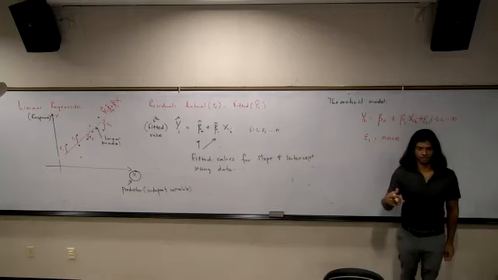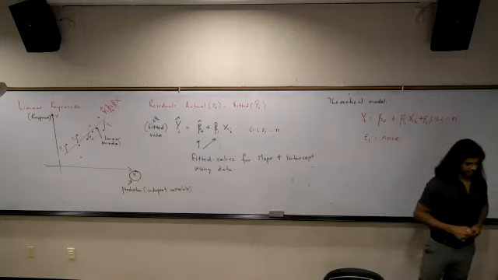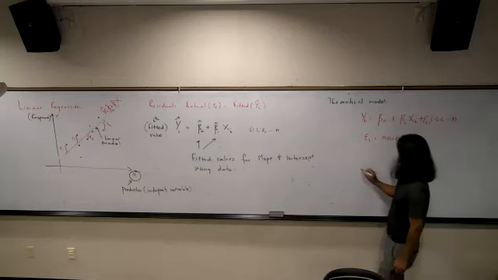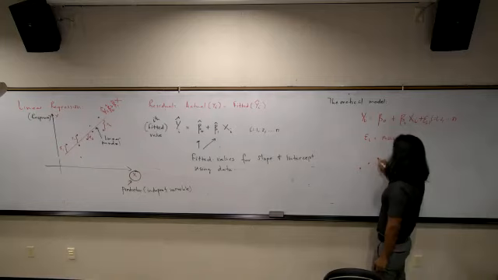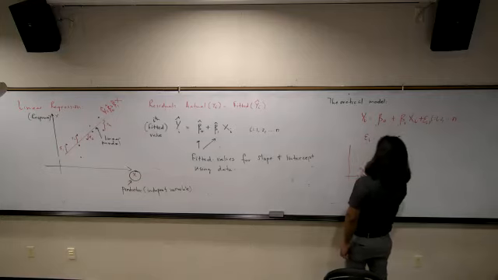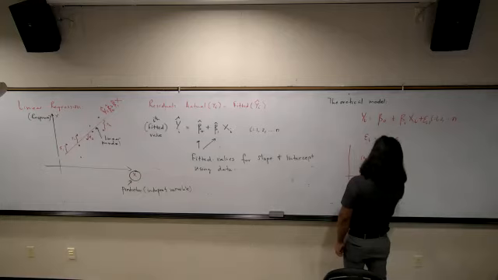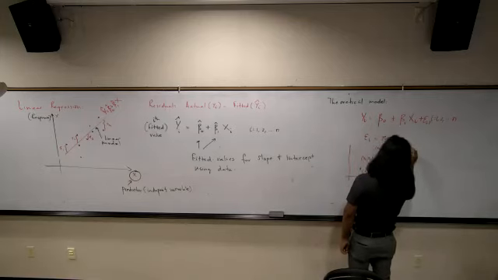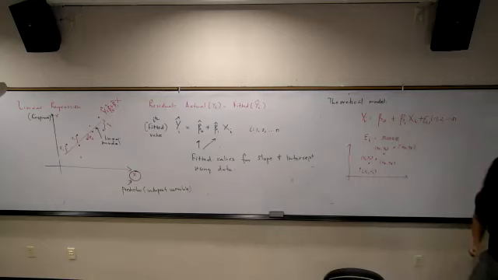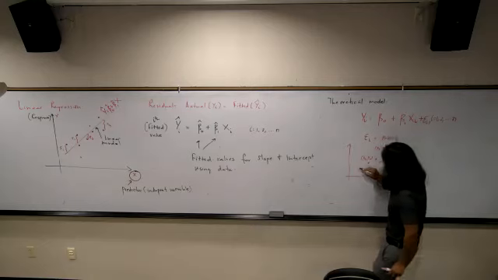Noise is what's going to cause variability. If you have a line, a bunch of observations, should I use a different color?